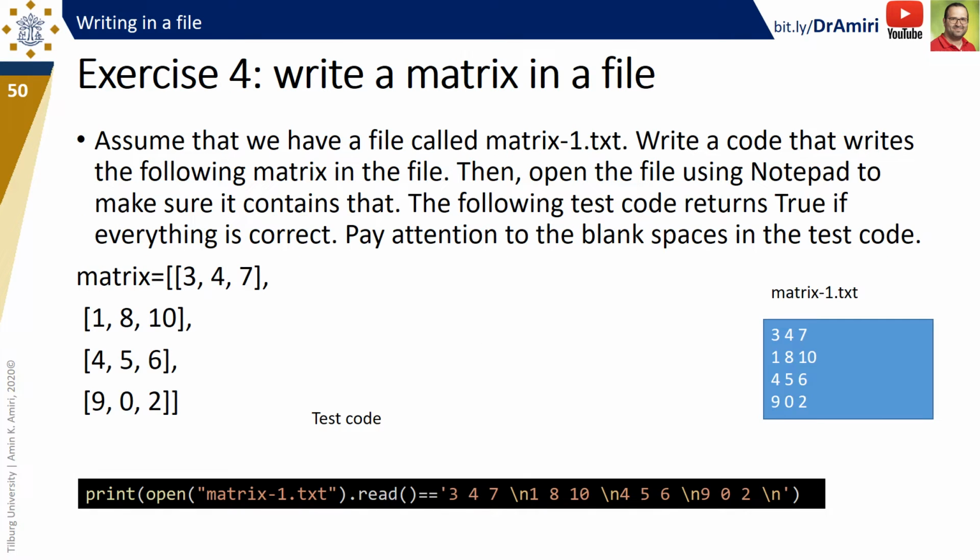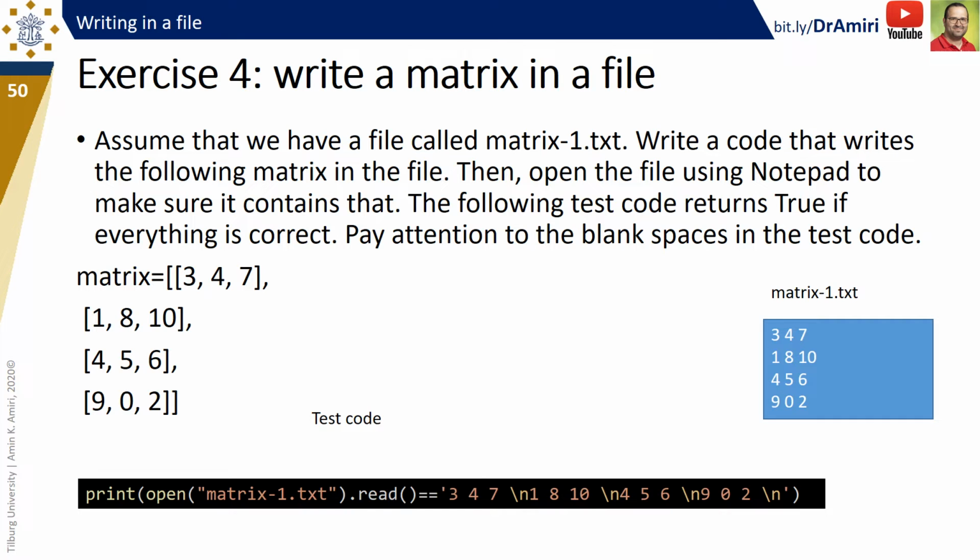Pause here for 2 minutes and try to develop a code that writes down the content of the variable matrix, which is a list of lists, in a file called matrix-1.txt.